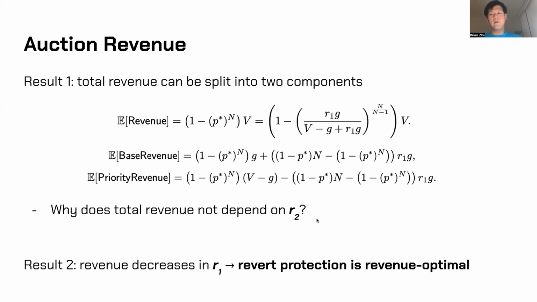So for this bidder, R2 will not matter at all, which is why in the equilibrium, you don't really see R2 coming out. And an immediate corollary of this is that revenue is decreasing in R1. So revert protection, where R1 is 0, is going to be revenue optimal.